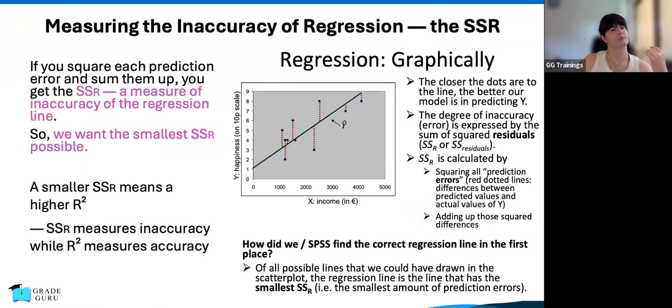Now, if we talk about prediction errors, it's obviously talking about to what extent our regression line is inaccurate in predicting y.